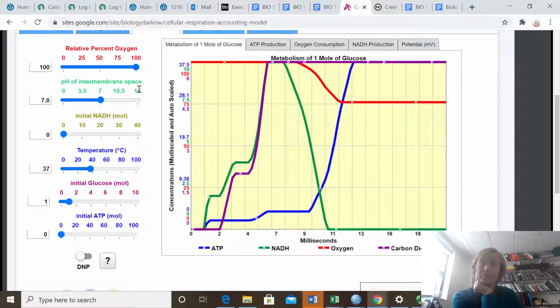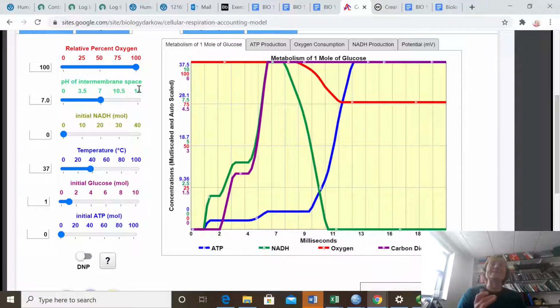pH refers to the concentration of protons in a space, right? And a low pH means a high concentration of protons. It's very acidic. A high pH means a low concentration of protons. It's very basic. Turns out that the concentration of protons affects how much ATP can be made.